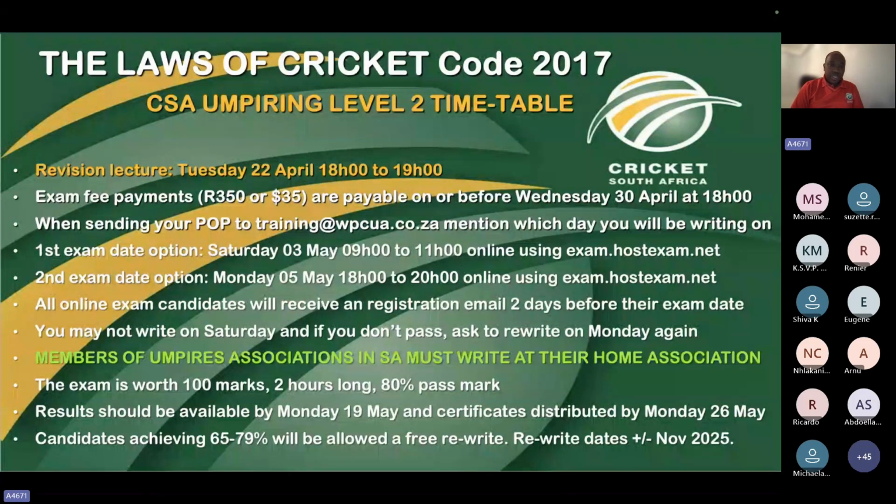Each association operates on its own and makes their own decision in terms of when they will have courses and then when they will have exams. So please don't say that Tom said you must have a written exam at your association on Saturday the 3rd of May or Monday the 5th of May.